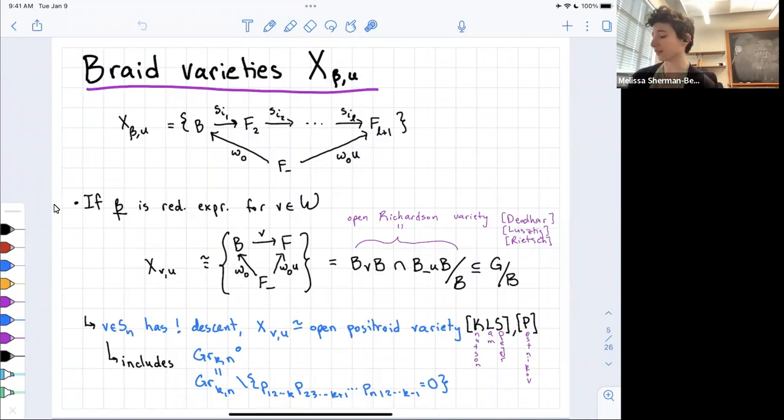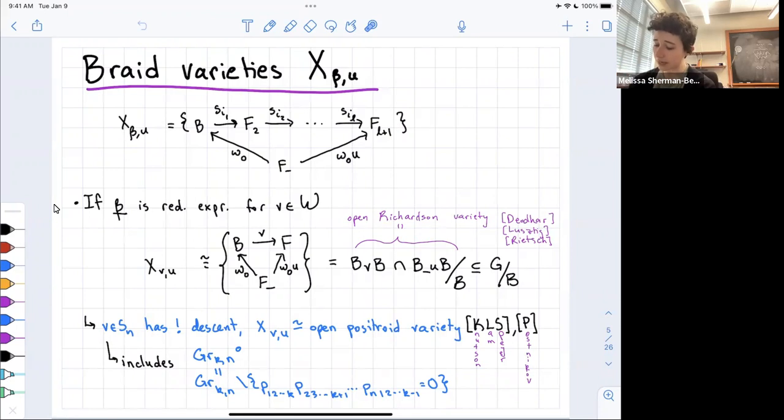It is independently of interest. Deodhar maybe was the first person to think about these. He used them to compute R polynomials, which are related to Kazhdan-Lusztig polynomials. And open Richardson varieties also arise naturally in total positivity, work of Lusztig and Rietsch. So that's one reason to care about braid varieties: they generalize open Richardson varieties, which are themselves of interest.